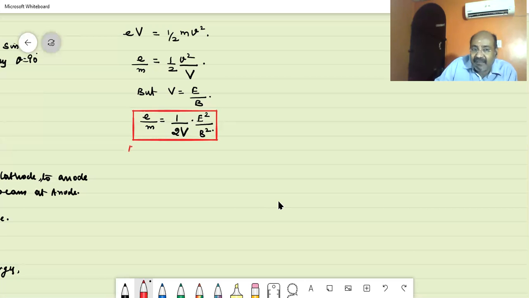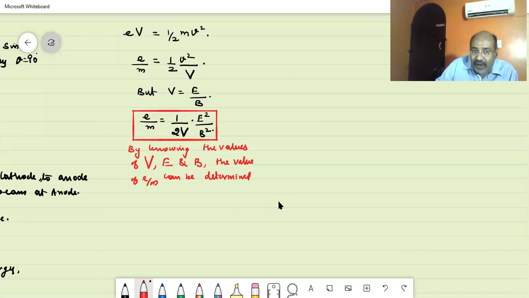So I can write, by knowing the values of potential difference capital V between cathode and anode, the applied electrical field E, and the applied magnetic field B between the two plates, the value of e by m can be determined.